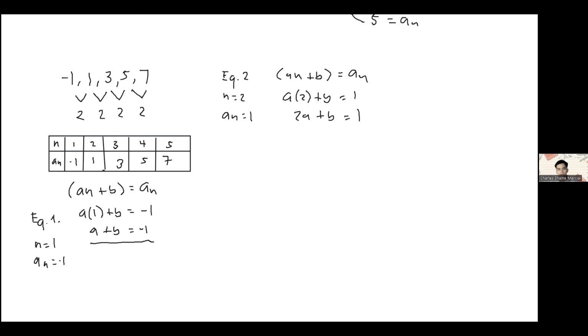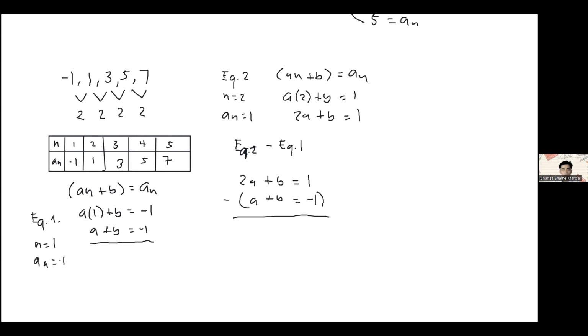Now, ngayong meron na ulit tayong equation 2 and equation 1, we will just subtract equation 1 from equation 2. So we have equation 2 minus equation 1. Ayan. So we have 2a plus b is equal to 1 and a plus b is equal to negative 1.